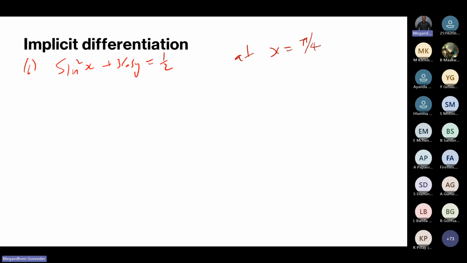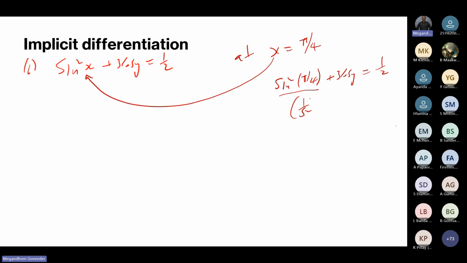If they only gave me the x value. Substitute into the original equation. Absolutely, 100%. You'll get sine squared of pi over 4 plus 3 cos y equals a half. But sine squared of pi over 4 is 1 over root 2, all squared.